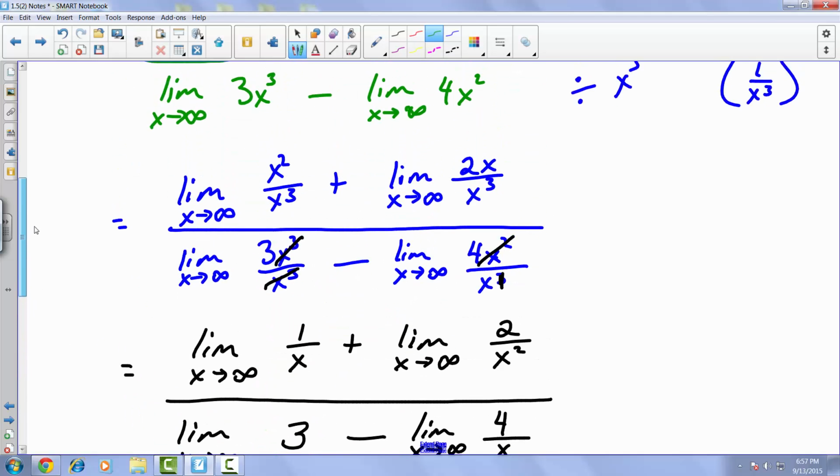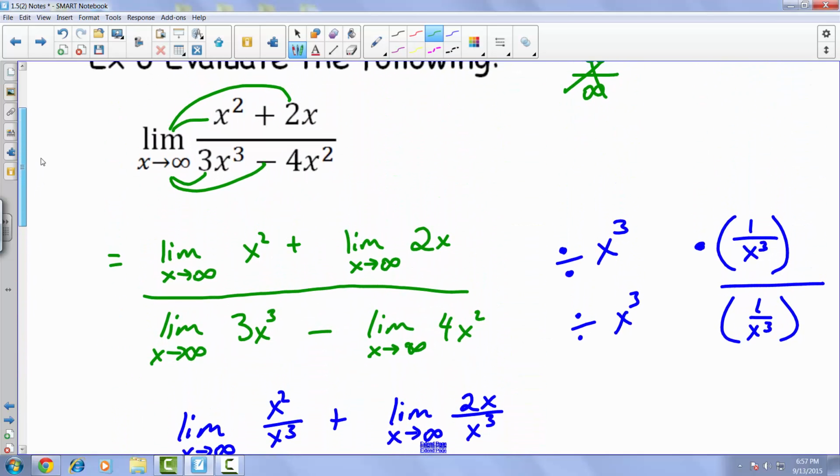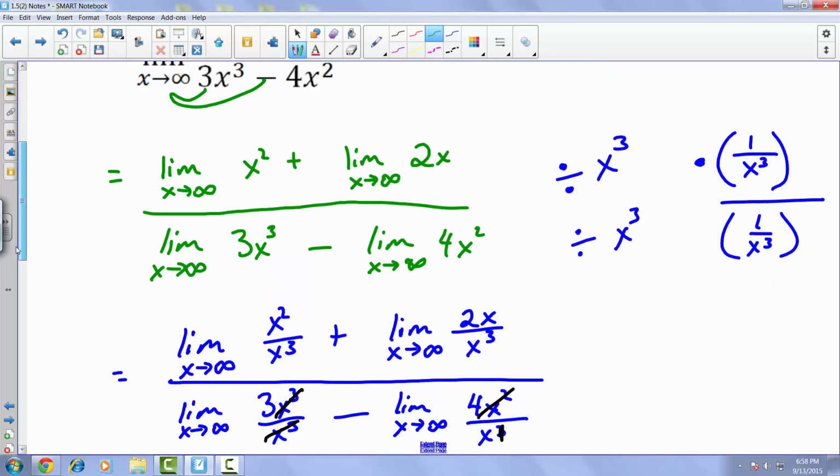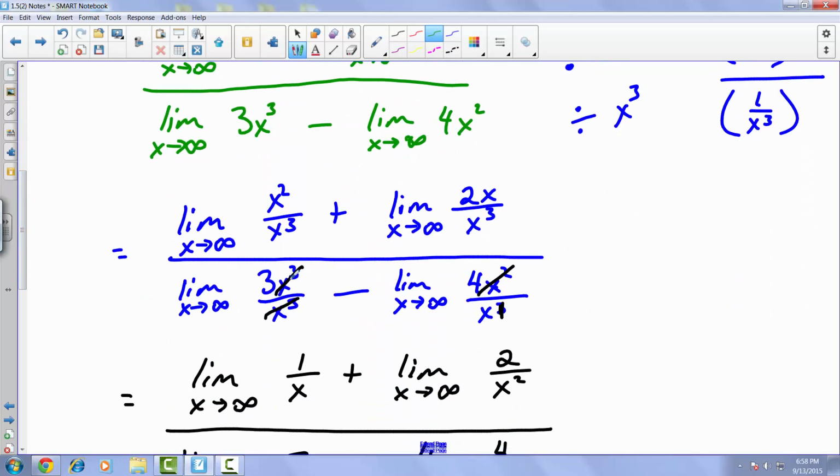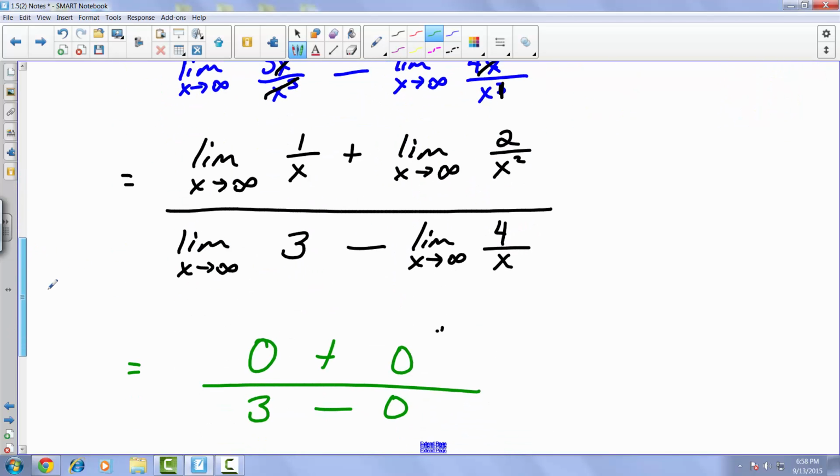Now, you could have divided the top and bottom both by x squared. You would have come up with 3x cubed divided by x squared. That would have given you 3x on the bottom, so instead you would have had this on the bottom. But you would have at least had some number. So I think it would have been 1 on top over 3x on the bottom.